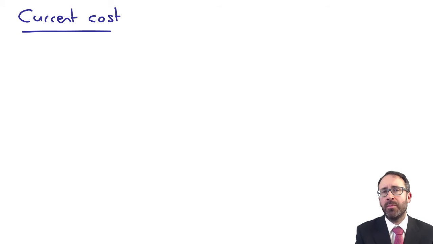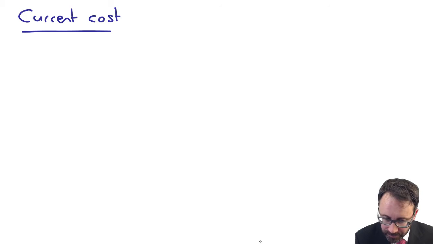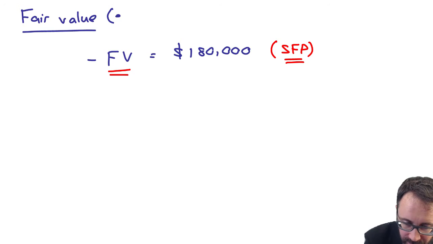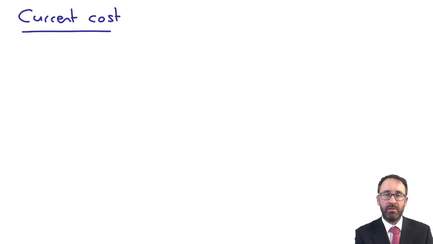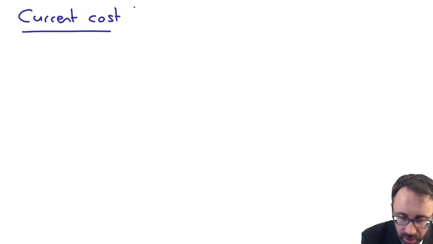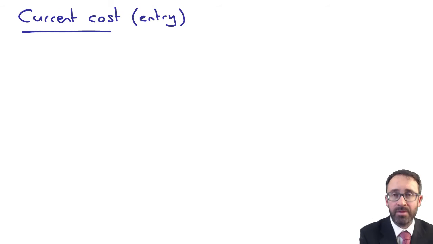Okay, so we spoke about the fair value being an exit value, so we can put that in. Okay, so if you were to dispose of that asset or extinguish that liability, you're exiting from that contract. The current cost effectively is looking at it from an entry value perspective.